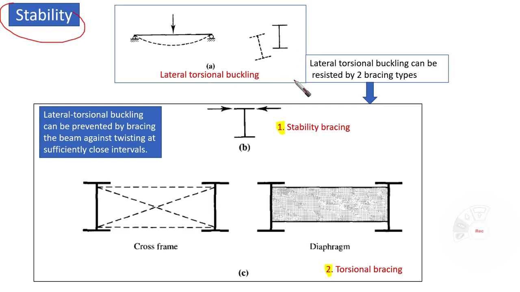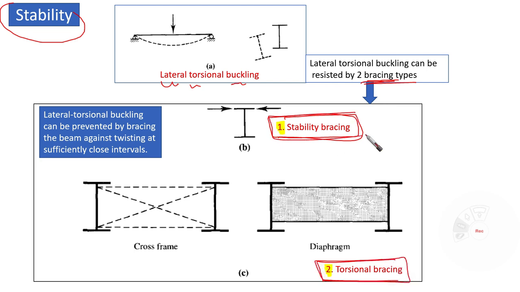For the stability, we have two different types of bracing that are going to work against the lateral torsional buckling phenomenon. The first type of bracing, we call it stability bracing, and the second we call it torsional bracing. Stability bracing and torsional bracing.